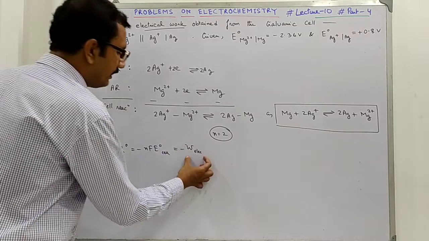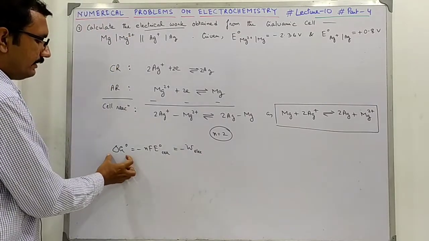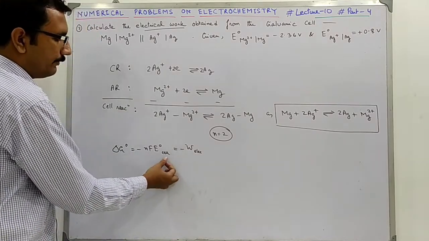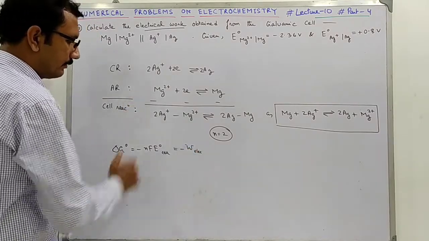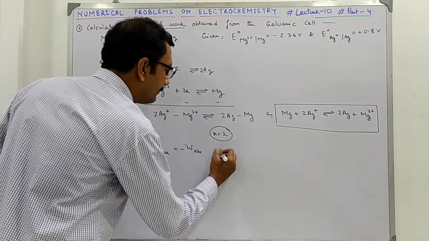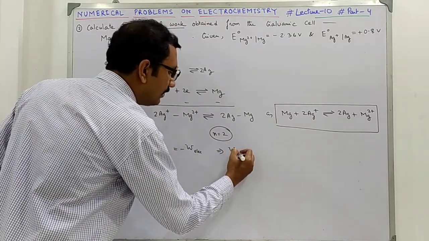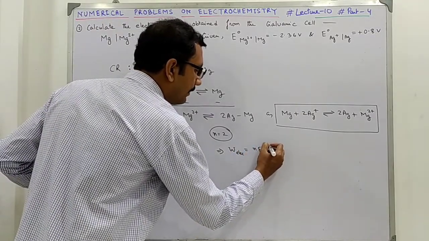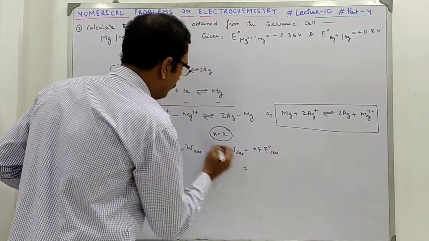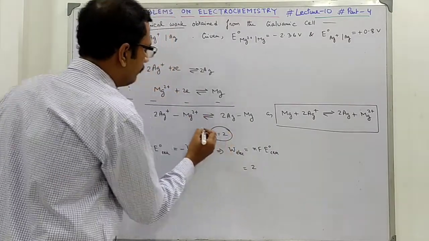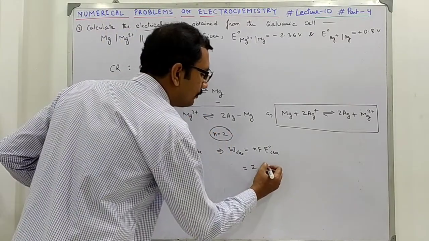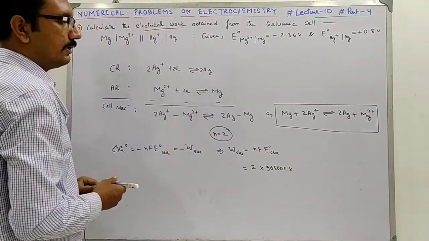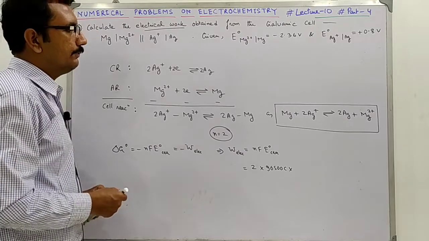So, the electrical work is connected to the Gibbs free energy change in the standard state, and it is connected to the standard electromotive force of the cell through this relation. So, it implies W non mechanical work, that is the electrical work, equals NF E0 cell. Now, we have 2 electron transfer here. So, 2 into 96500 coulomb into E0 cell, that we need to find out.